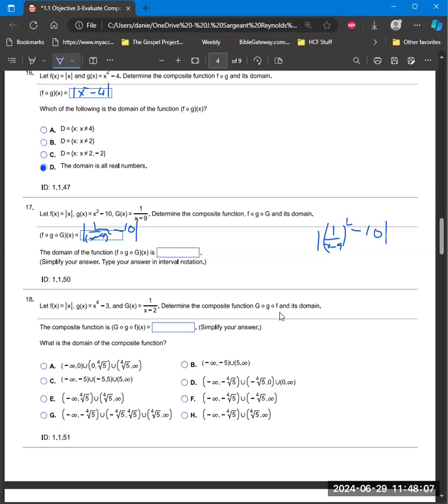So x can't be negative 3 or 3, which would make a 0 in the denominator on the inside. So we have negative infinity to negative 3, union negative 3 to 3, union 3 to infinity.